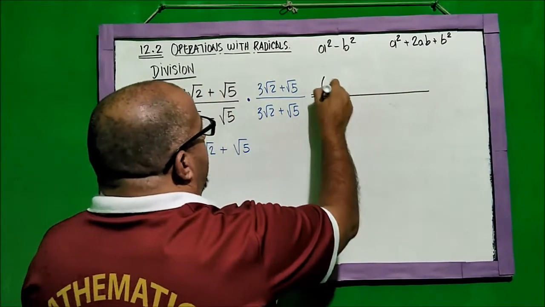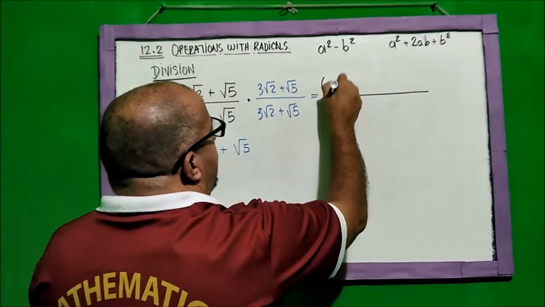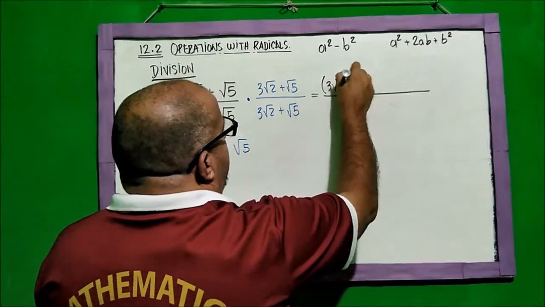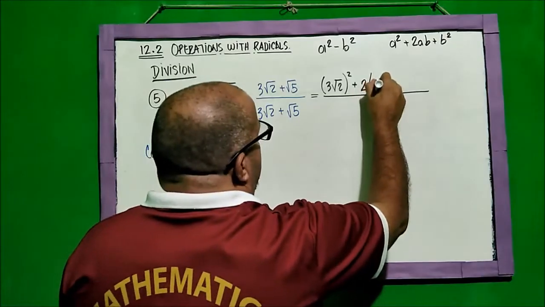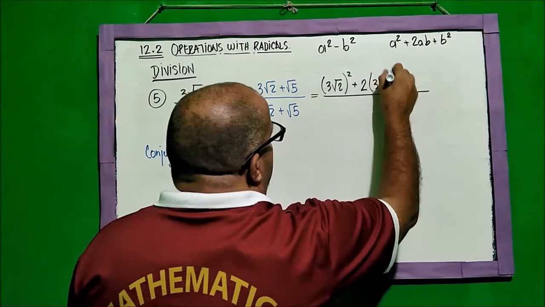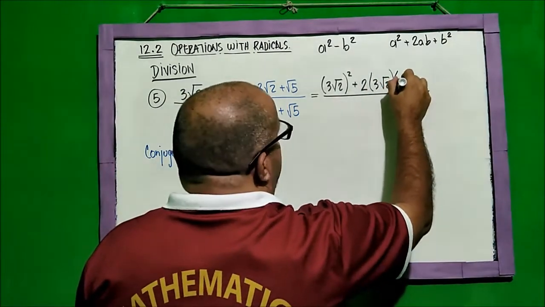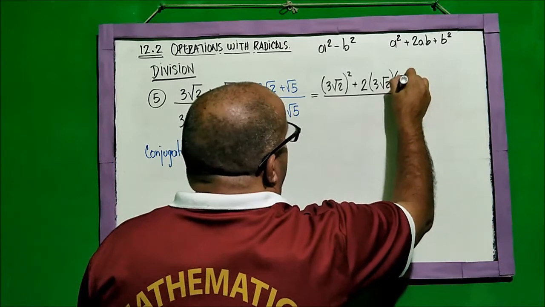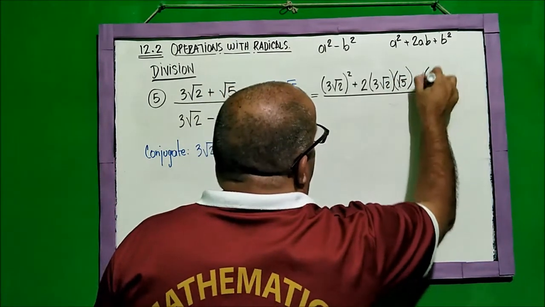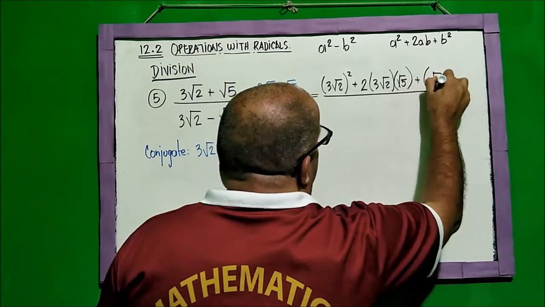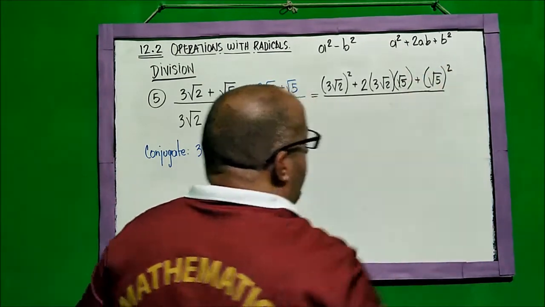So what I'm going to do is start operating. 3 square root of 2 to the second power plus 2 times 3 square root of 2 times the square root of 5 and add it to the square root of 5 to the second power.